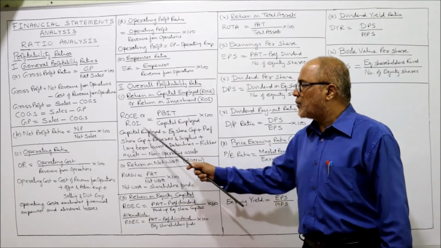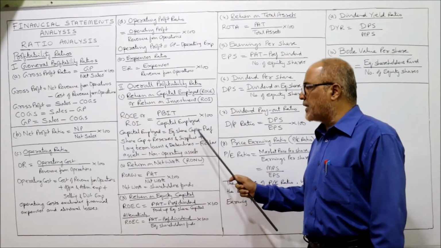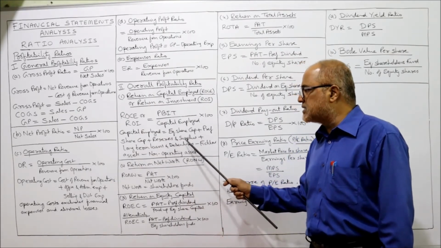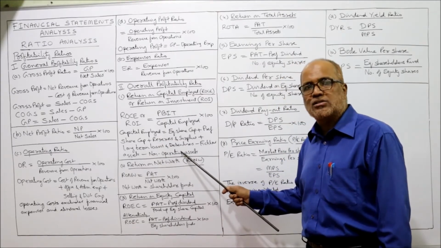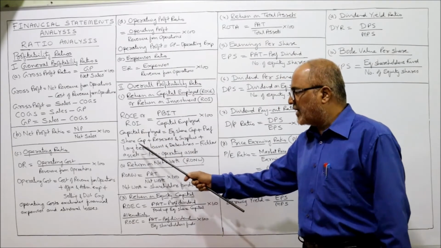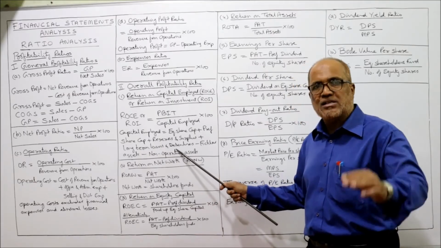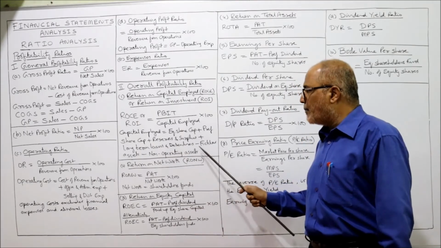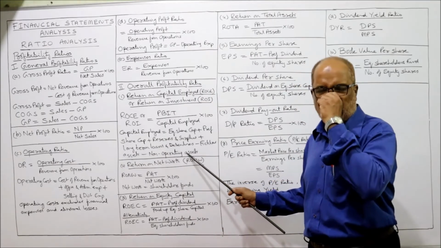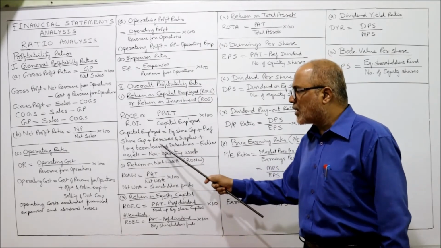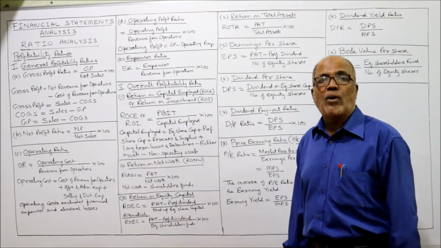What do you mean by capital employed? Equity share capital plus preference share capital plus reserves and surplus plus long-term loans and debentures. These long-term loans and debentures are outsiders' funds. Minus fictitious assets, minus non-operating assets. So by using this formula we can find out capital employed.